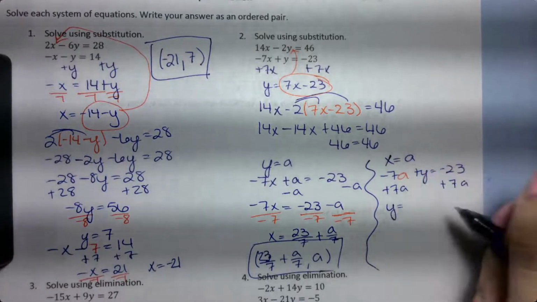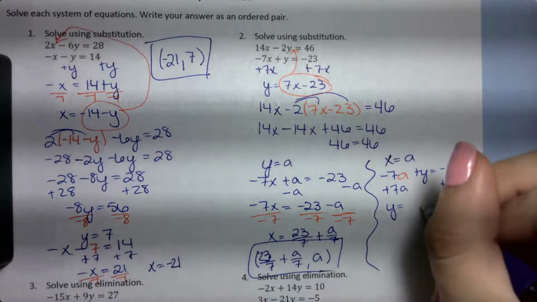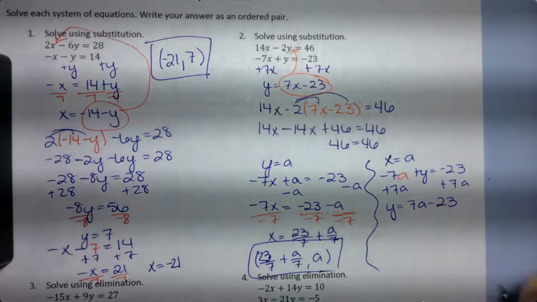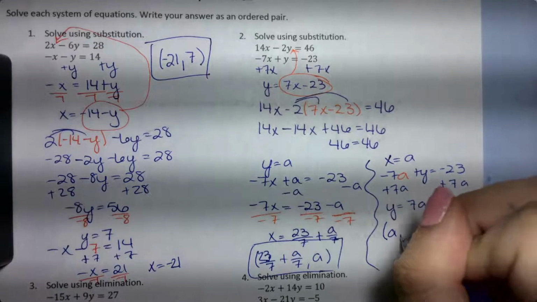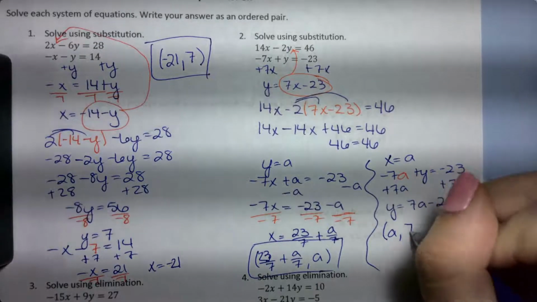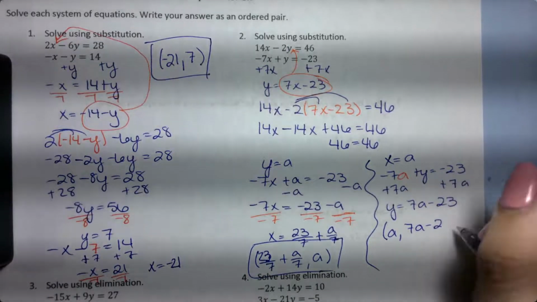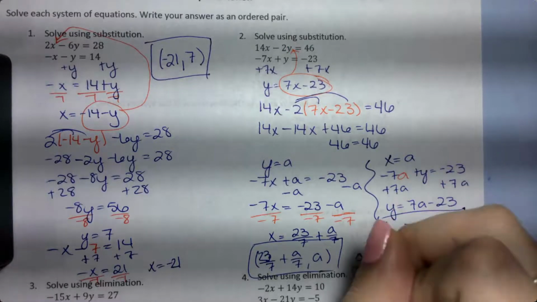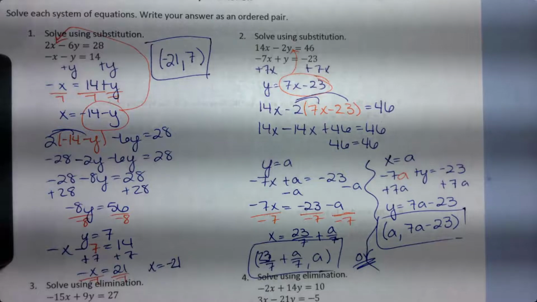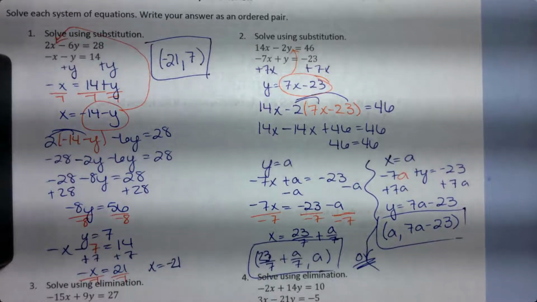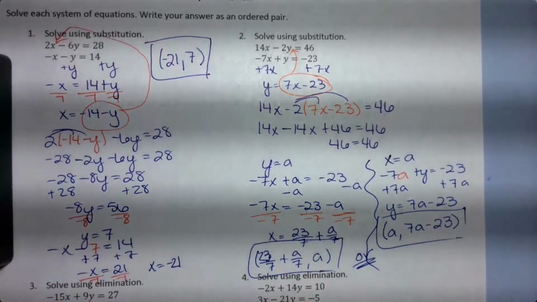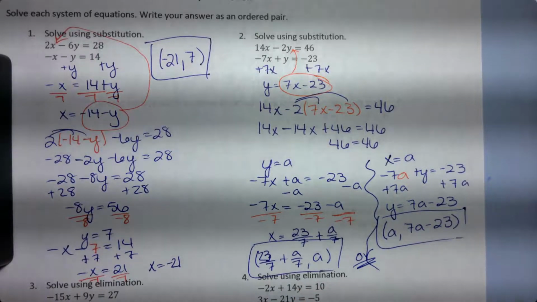I get y equals 7a minus 23. Then I write this as a coordinate point. I have a comma 7a minus 23. So either one of those answers will work on the test. You just have to remember to write it as a point in terms of another variable.